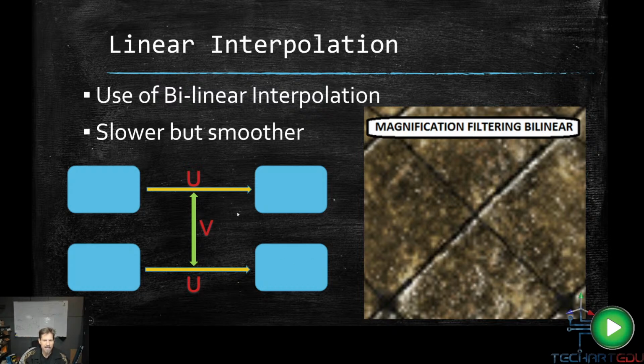Then, depending on the height of the pixel in between, we interpolate vertically. So we're doing 3 interpolations, 2 horizontally and 1 vertically. That produces a linear interpolation. This looks much better and much smoother. However, it is slower because we're doing 3 linear interpolations.